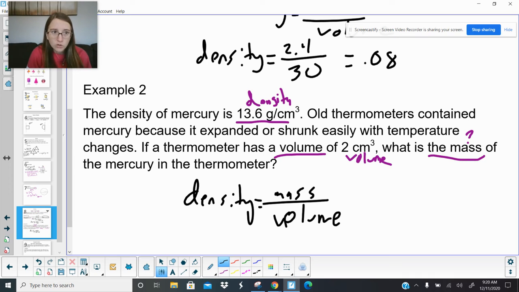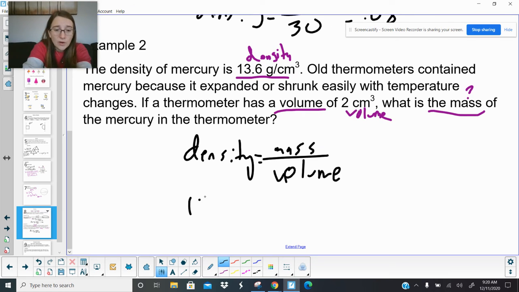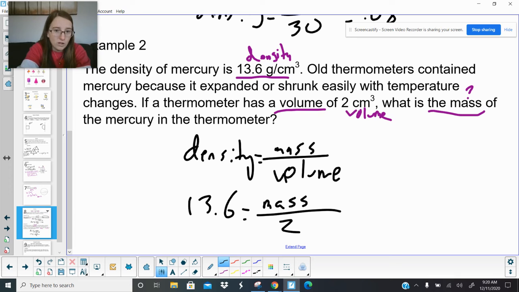They go into what they represent. So try it. So 13.6 represents density. That's where it goes. I don't know how to make that any more clear, guys. That's not mass. It doesn't say mass. It does say, what is the mass? So mass is going to stay put because we don't know what it is, but we do know the volume. So that's how we should have plugged in here.